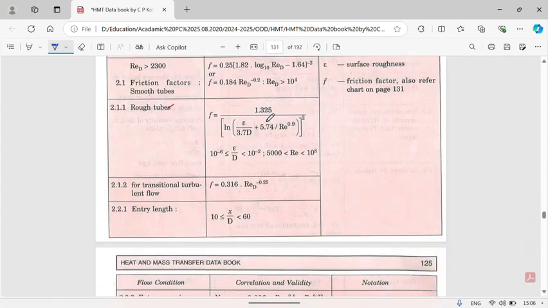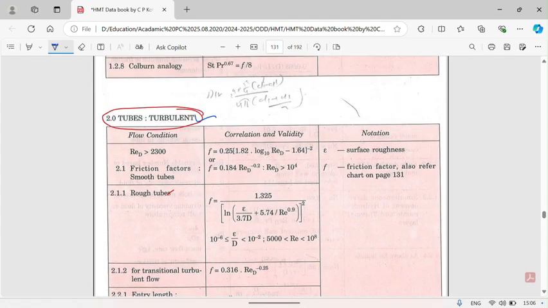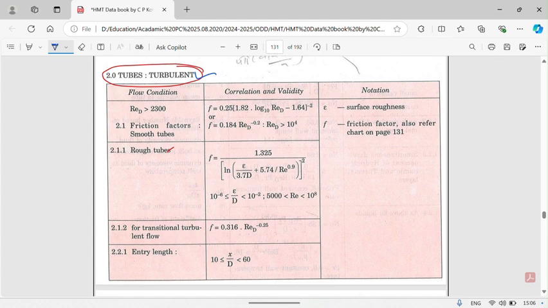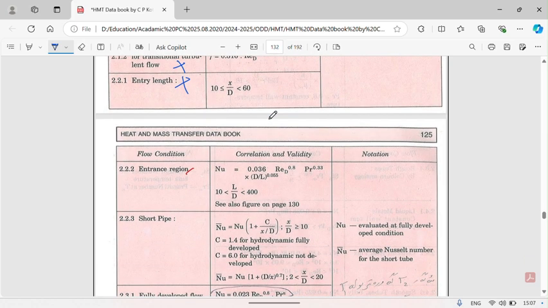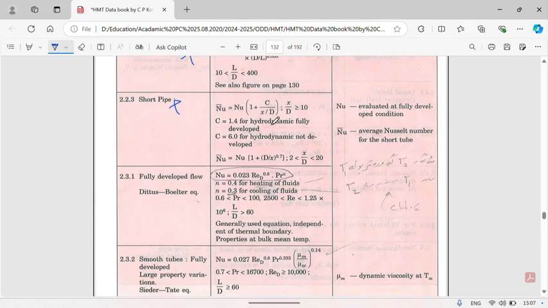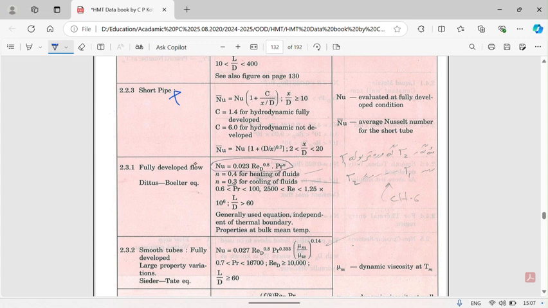The conditions are turbulent, and there are several conditions given. One is rough tube, which is not suitable for this case. The partial transition, entry length, and entrance region are also not suitable. We are not considering the short pipe, but this flow is fully developed, so you can consider this Nusselt number. But before you use it, you must check that these values are suitable for this condition.